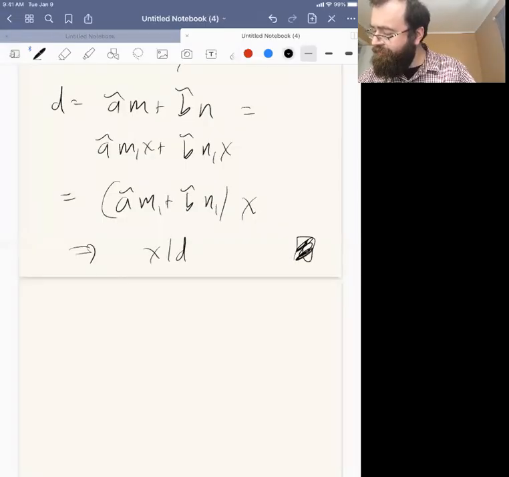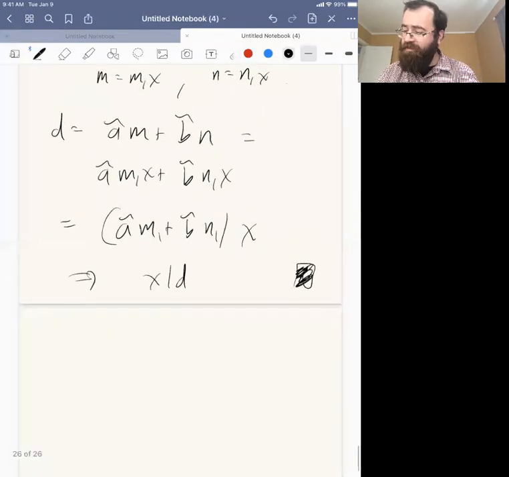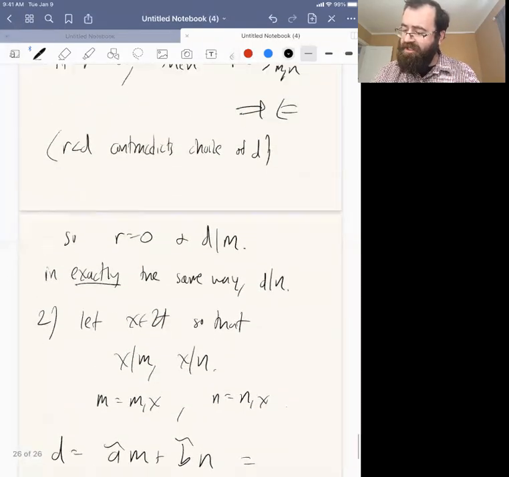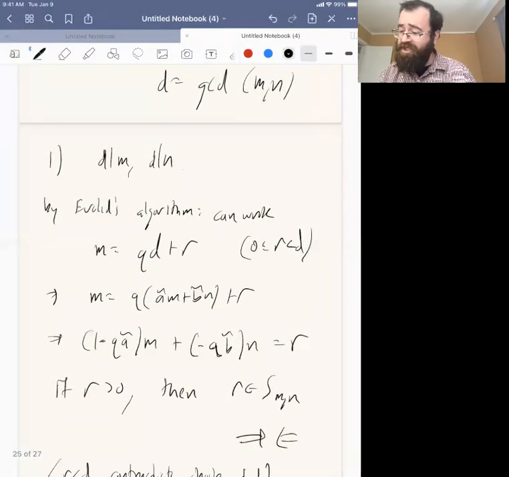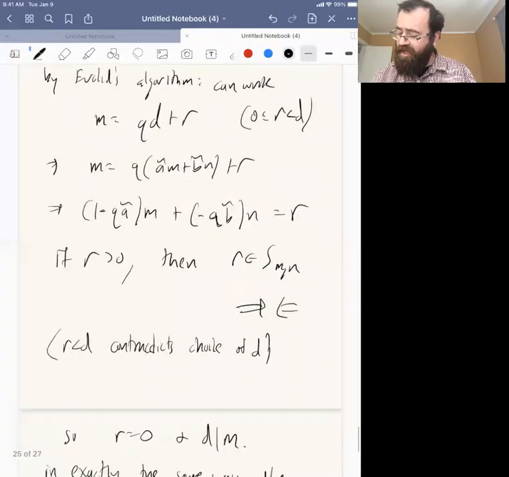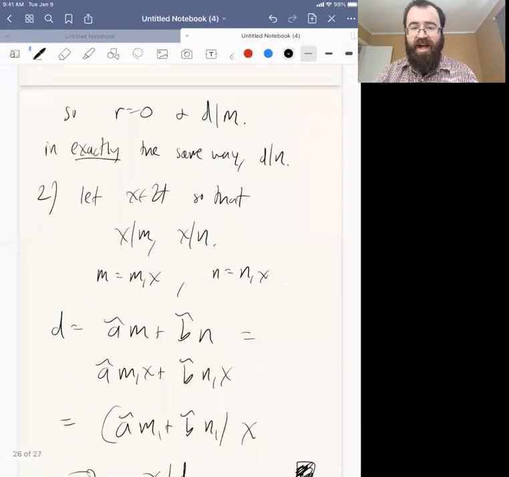Okay. And that's the big theorem on GCDs, right? That's it. Because we've proved that D, this funny minimum D, satisfies the two definitional properties of a GCD. D divides M and D divides N. And for any other integer that divides into both M and N, that integer would divide D. And so as I remarked above, D being a natural number, right?